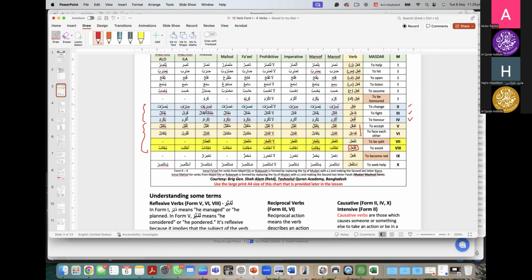And this word is going to help you for the rest of your life when you read and teach Quran, because this pattern is going to sink within your mind and brain, and this will come out. Sarrafa yusarrifu. Can you see the sarrif pattern? Think about the mudari formation. Yusarrifu.